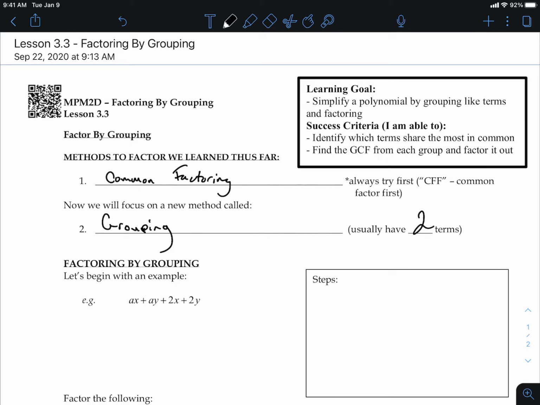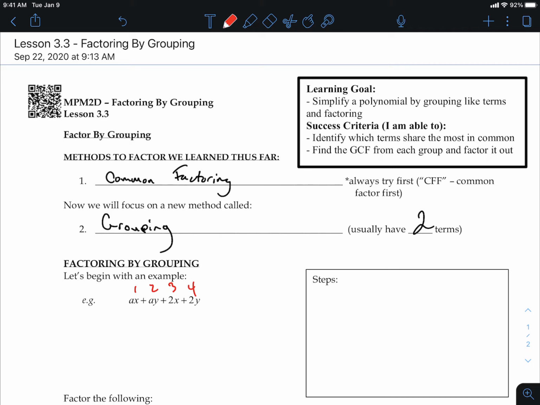Okay, so let's try one first. This is how I always kind of indicate how to do these questions. I see 4 terms here, right? 1, 2, 3, and 4.